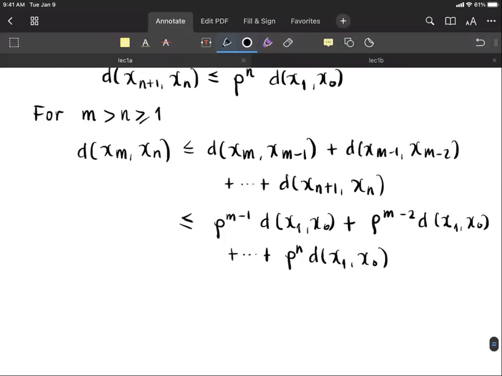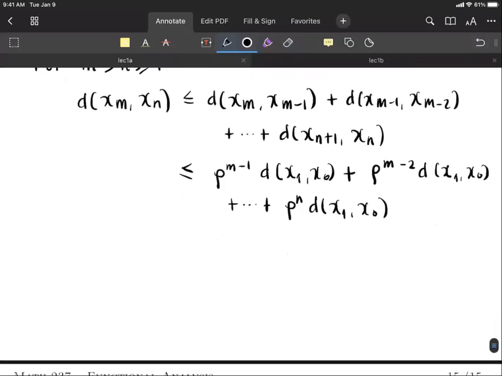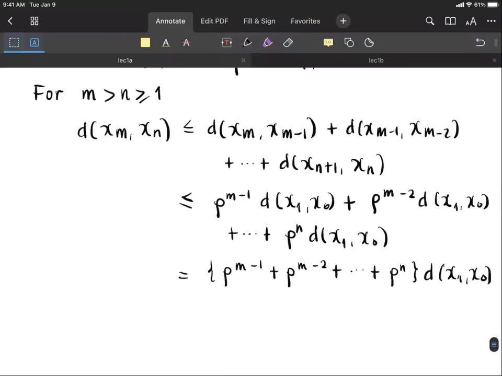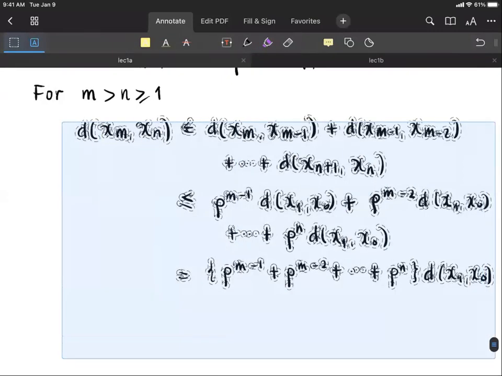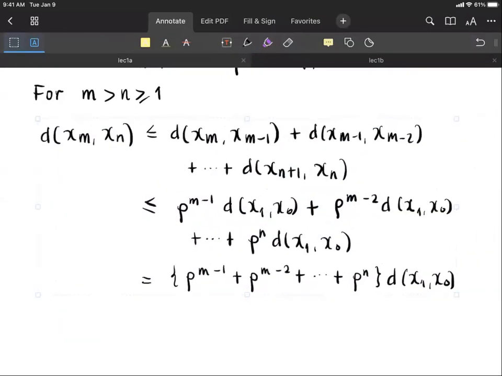So there's a common factor that you can notice here. By factoring the distance between x1 and x0, you will get the following expression. And let us move this to the left.